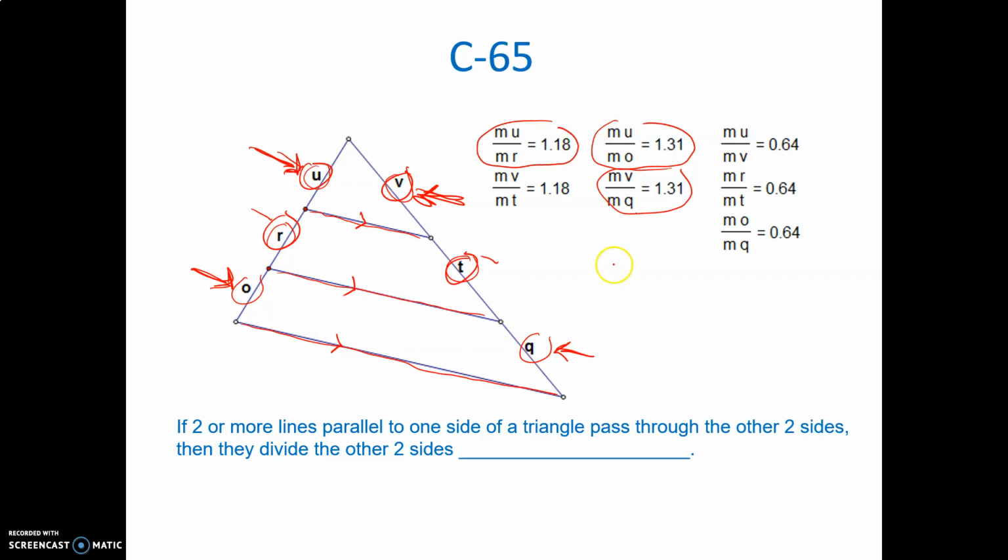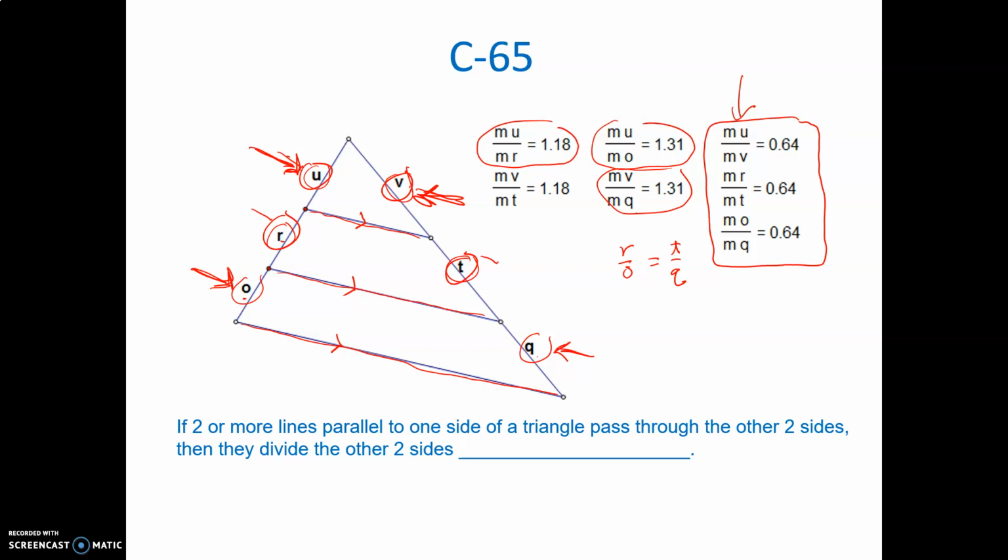I also could have gone R over O is equal to T over Q. I don't have that one listed here, but I would have gotten identical ratios for each of those also. And then for the last part, we said U over V and R over T and O over Q, all of those ended up to have the same ratio.